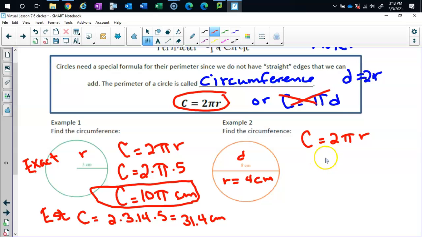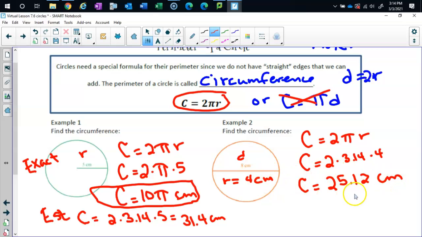Let's just find the estimate. 2 times 3.14 times the radius is 4. So our answer is going to be 25.12. Circumference is 25.12. What's the label on this? Centimeters. And it's not squared because we're not finding the area.